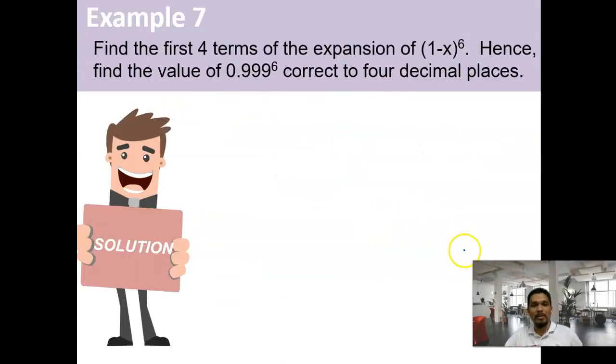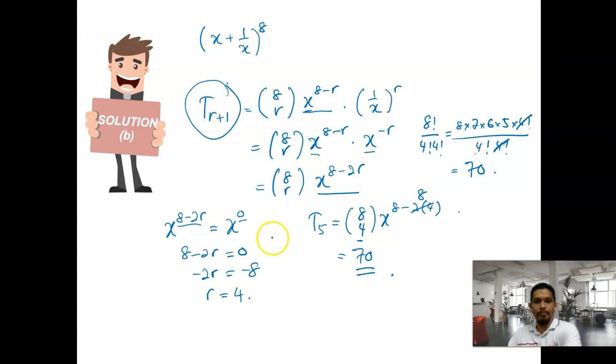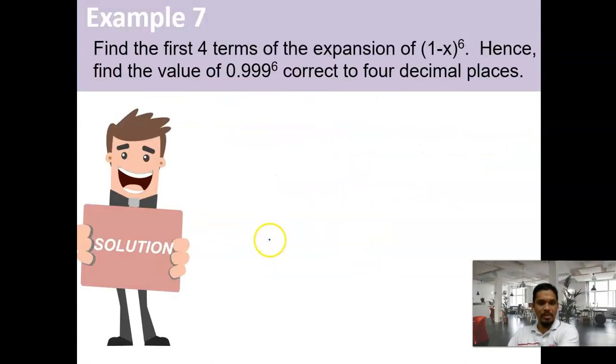Find the first 4 terms of the expansion of (1 minus x) to the power of 6 and find the value of 0.99 to the power of 6 correct to 4 decimal places. Okay, example 7. Now class, let's take a look at this, where n is 6.